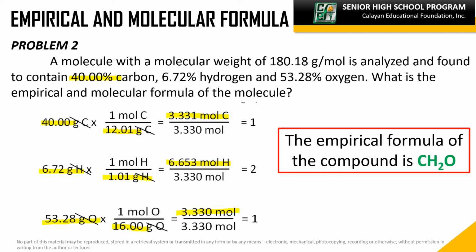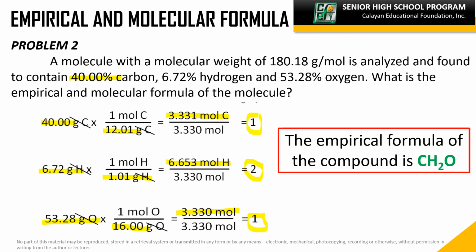We have to use this as the divisor of each solution. So 3.331 divided by 3.330, you get an answer of 1. 6.653 divided by 3.330, we have 2. 3.330 divided by 3.330, we have 1.